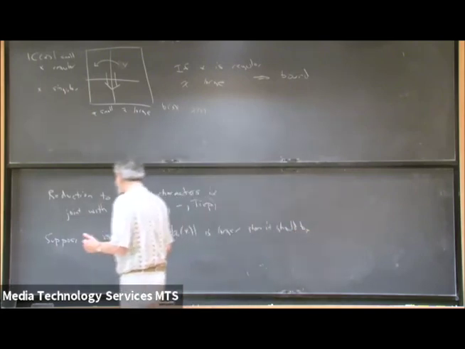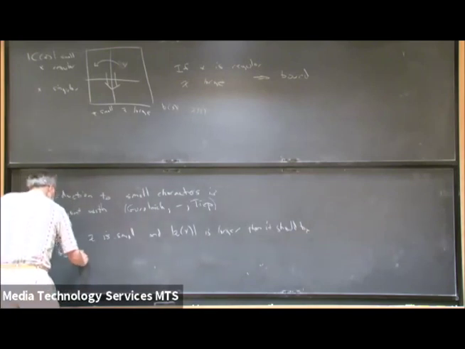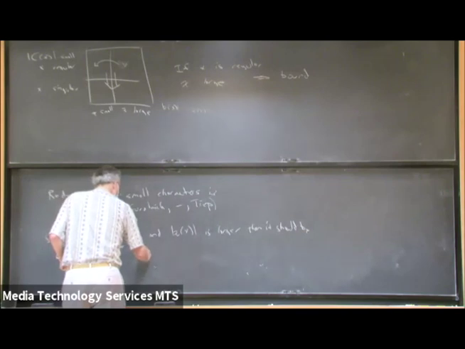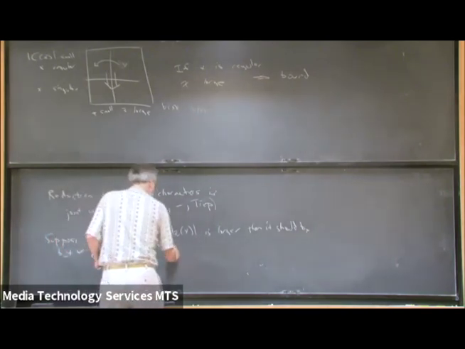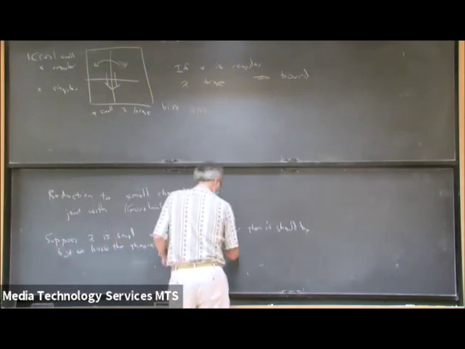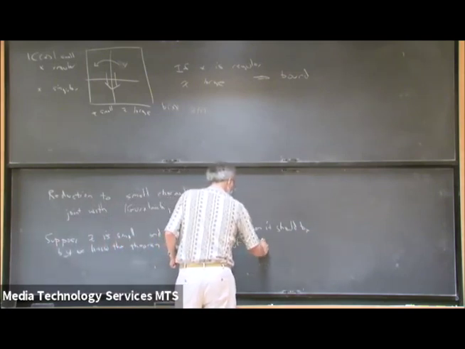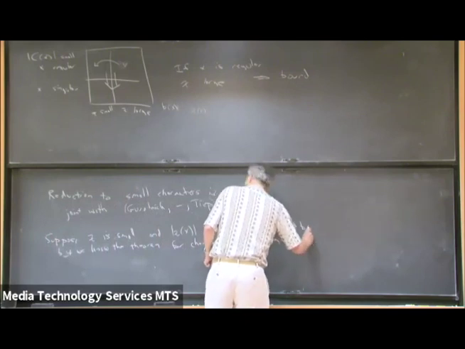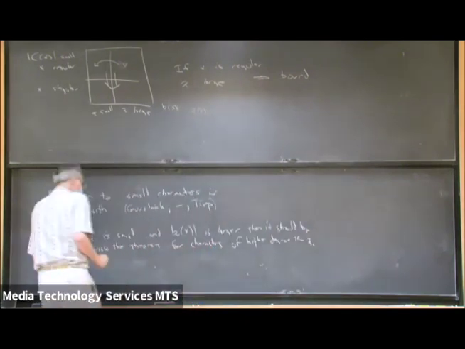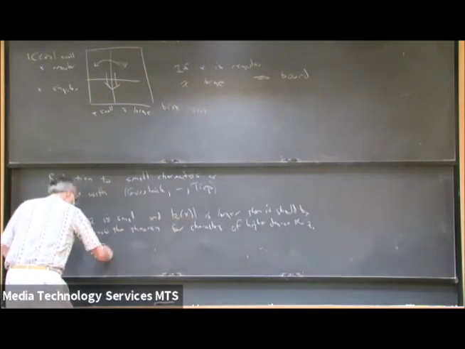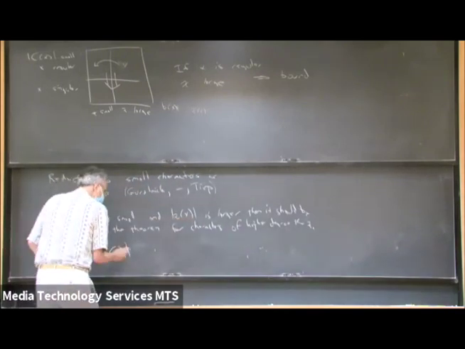But we know the theorem for characters of higher degree than chi. So what do we do? Chi of x is larger than it's supposed to be, so chi squared of x is also large.